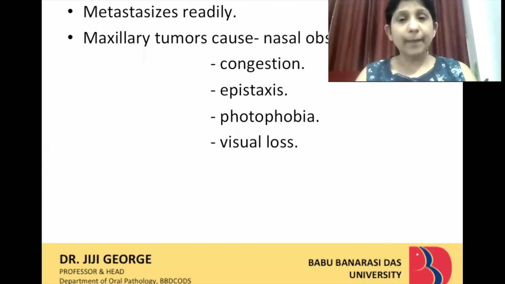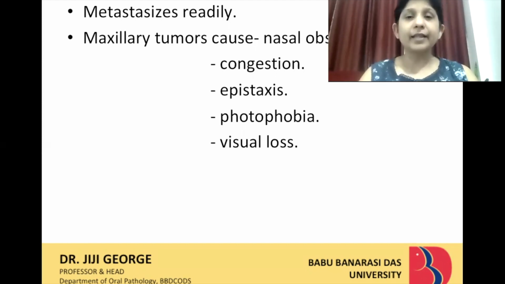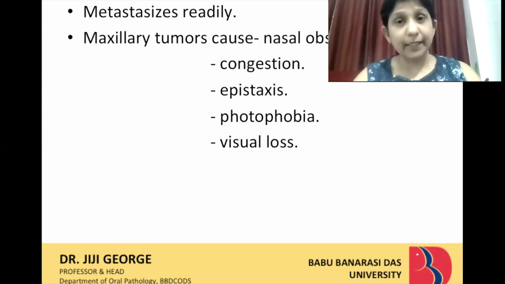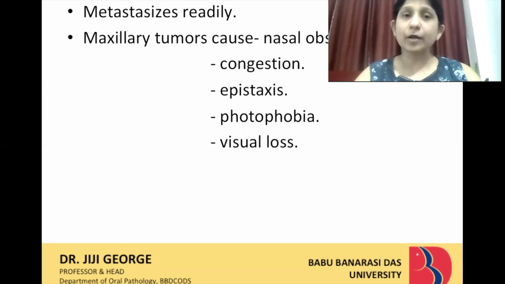The body of the maxilla, the maxillary sinus and the nose are all in very close approximation with each other. So obviously a tumor of the maxilla can intrude into the nose and cause nasal obstruction or nasal congestion. It can even cause bleeding inside the nose, that's called epistaxis, or photophobia, because just above the maxilla you have the floor of the orbit.